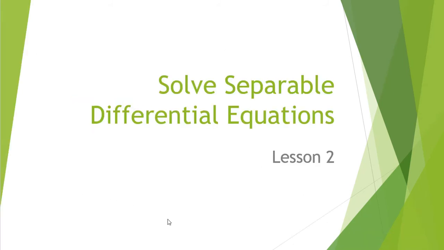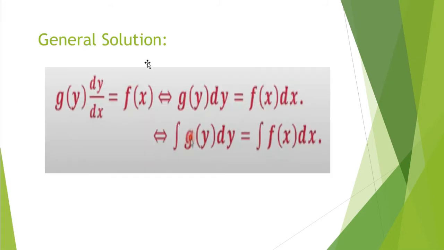Our next lesson is about how to solve separable differential equations. To get the general solution, g of y multiplied by dy over dx is equal to f of x. So, ang gagawin natin, we have several steps. We have the first step: we separate the variable y from x. Hiniwalay natin yung may variable y at saka yung may variable x.